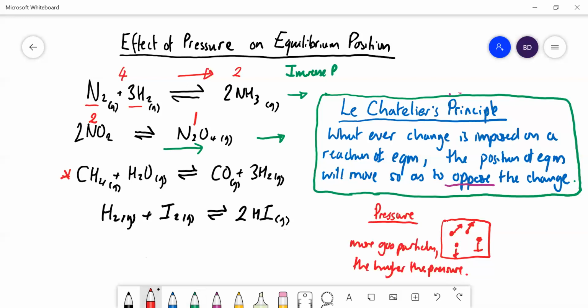We've got water as a gas there, high temperature steam. So you've got 2 molecules on the left-hand side, and 4 molecules on the right-hand side. So if you increase the pressure, it will try and decrease it by moving backwards. So the equilibrium will move to the left.